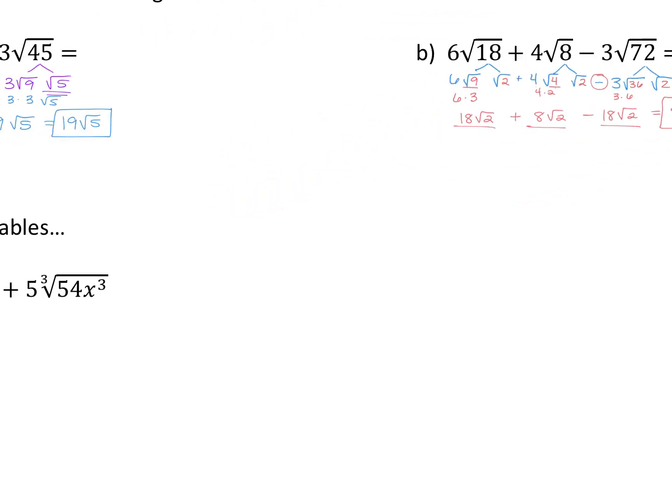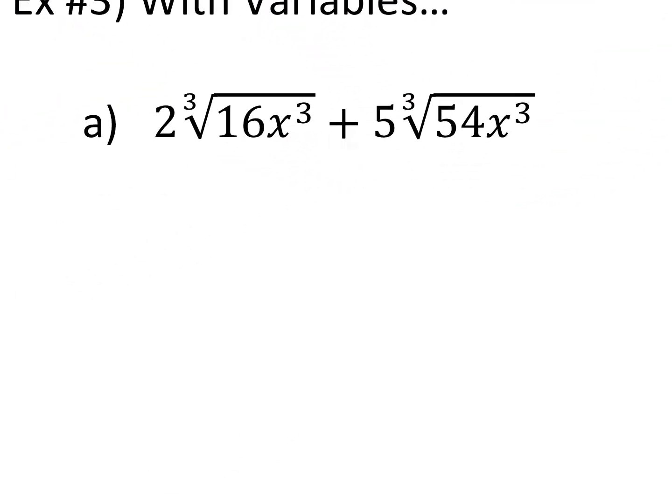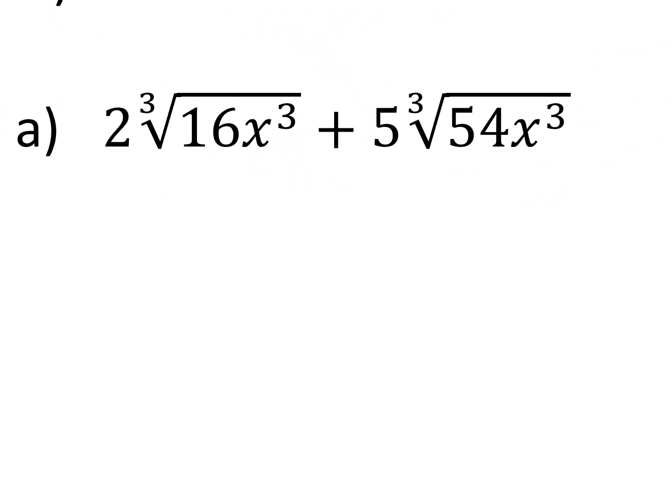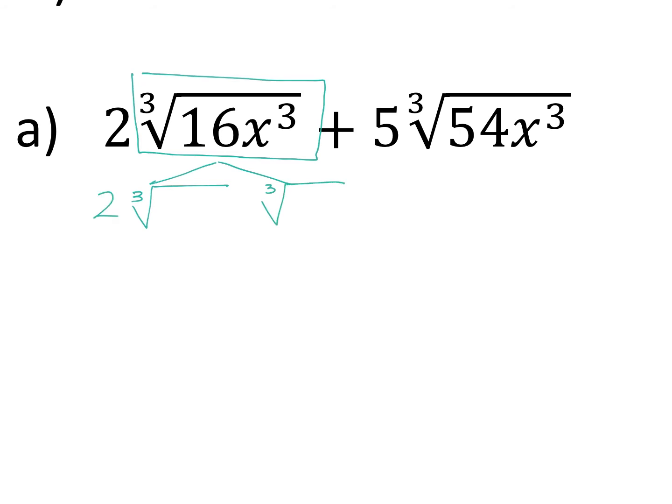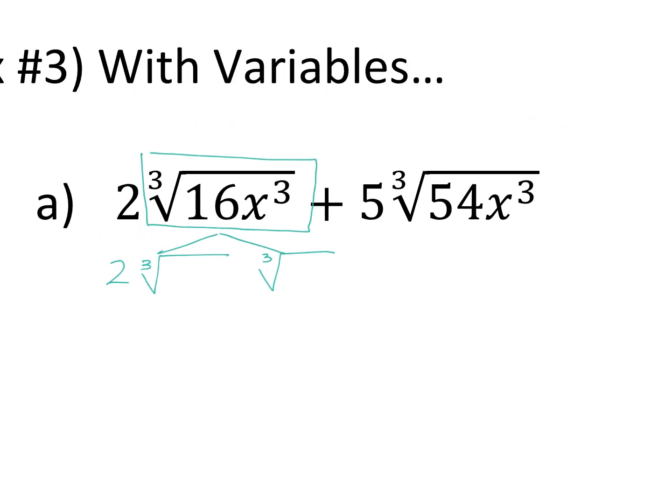Okay. So if you want to see this one again, here's what we're doing. You need to take this and break it into a perfect cube and a not perfect cube, right? We still have the 2 out in front. So if you think through your perfect cubes, it's 8 and then 27 and then, is it 81?